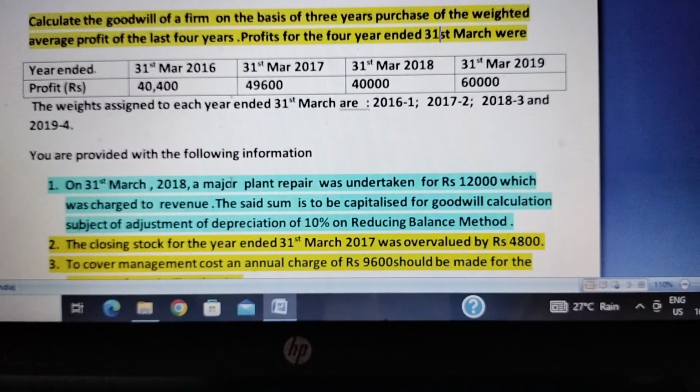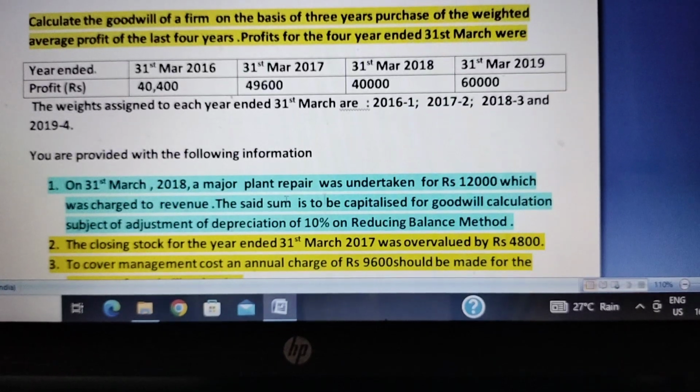The entry should be asset to bank, so it should be shown in the balance sheet, but it is considered as simple revenue and was shown in the profit and loss account, so it is absolutely incorrect. The 12,000 should be shown in the balance sheet, and its depreciation should be shown in the profit and loss account, but mistakenly this 12,000 has been shown in the profit and loss account.